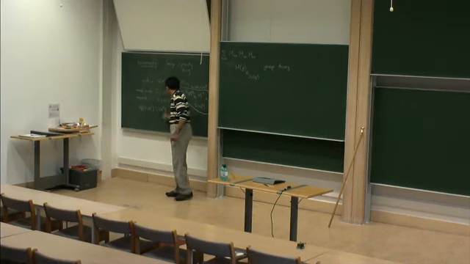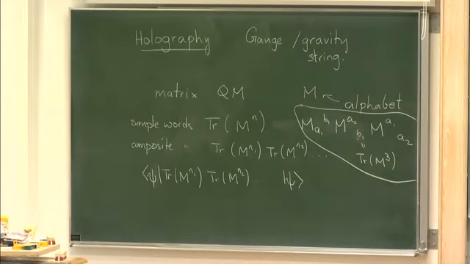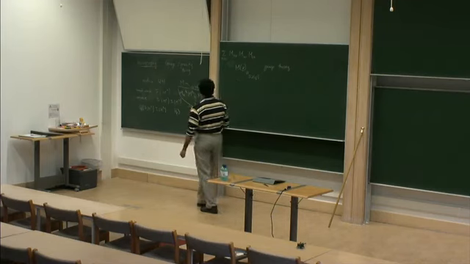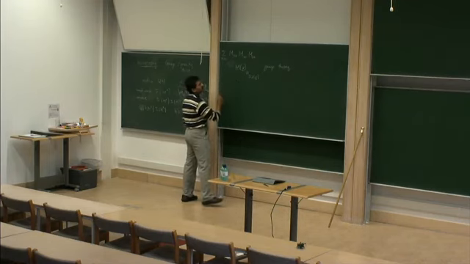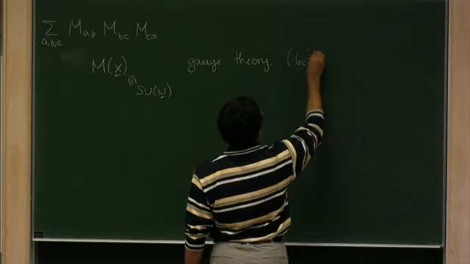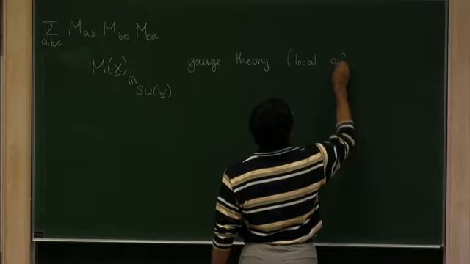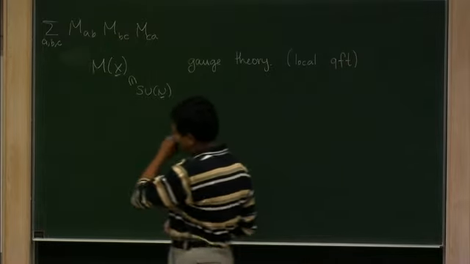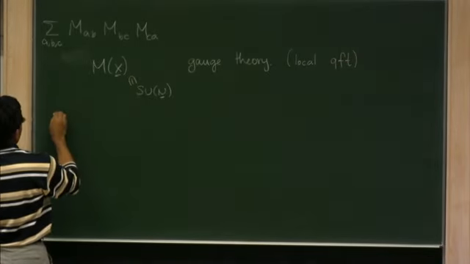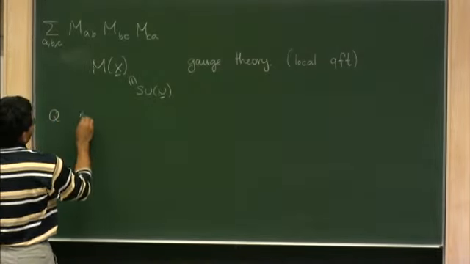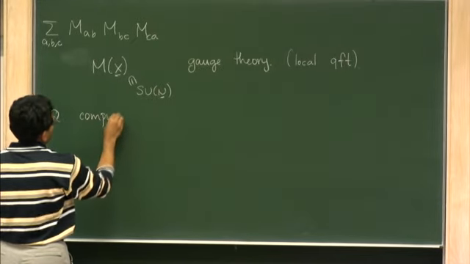So these objects that I wrote down, we can still compute them in this gauge, in this quantum field theory. So this is some local quantum field theory, and so the question is, we need a computational scheme.